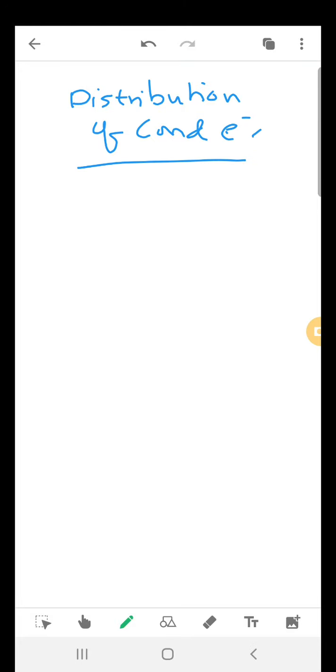Now, when we talk about the distribution function of the conduction electrons, how they are distributed, we need to consider the Boltzmann equation.